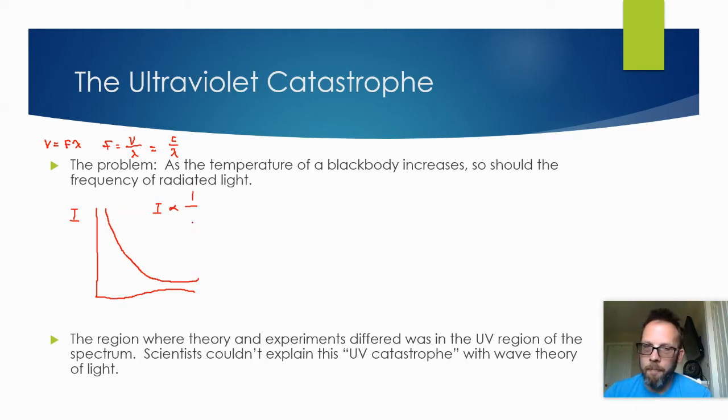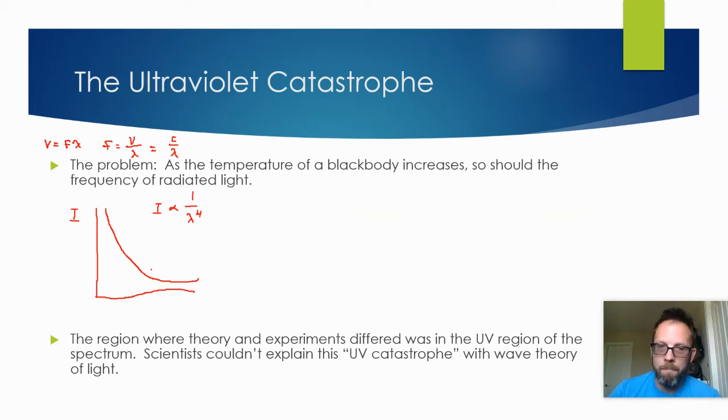And that's not exactly true, actually. It's actually proportional to 1 over lambda to the power of 4. But you can see that relationship, right? Because with UV radiation, very high energy, with that high frequency you have a small wavelength. And conversely, if you have a long wavelength, low frequency, the intensity goes down. So you can see that graph, it's going down, right? So that's what the theory said should happen.